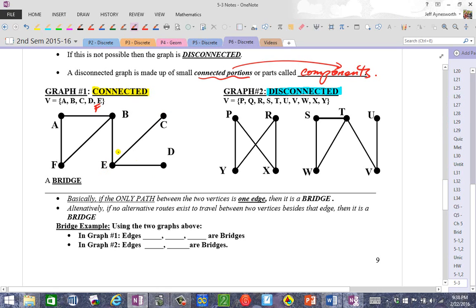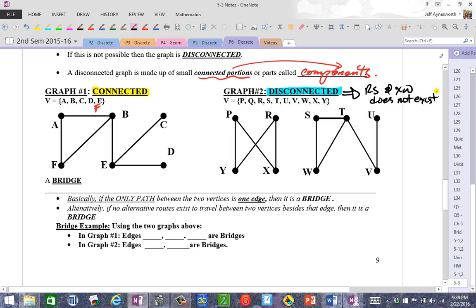If you have two pieces or two components, like on graph number 2 here, the first component comprises P, R, X, and Y, and the second component comprises S, T, U, V, and W. You have what is called a disconnected graph because there's no edge between R and S, and there's no edge between X and W. Disconnected means that there is a missing edge.